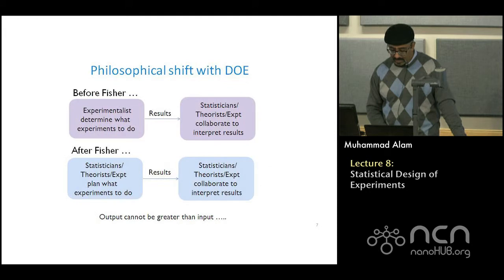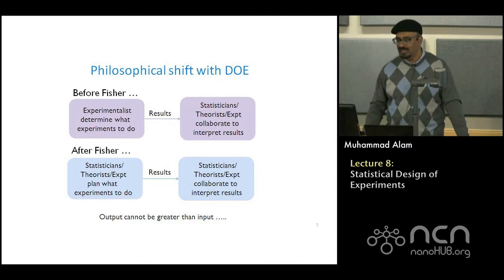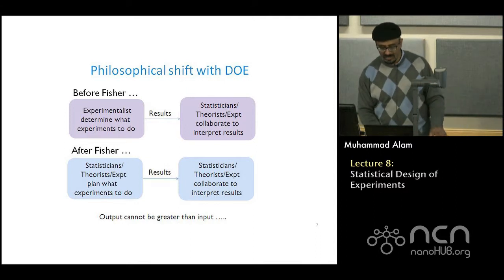So as I explained to you before, before Fisher, the experimentalists did whatever they wanted to do. They generated some data and they threw the data to the statisticians to analyze. And then the statisticians did the best they could. And Fisher's point was that if the statisticians are not involved from the very beginning, the statisticians cannot get more data.